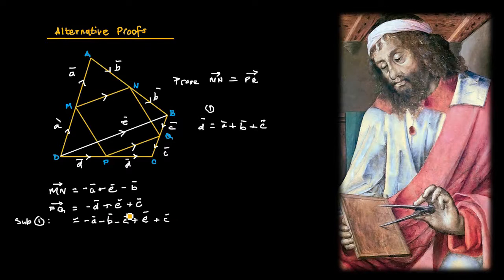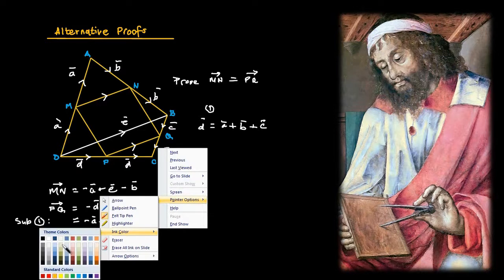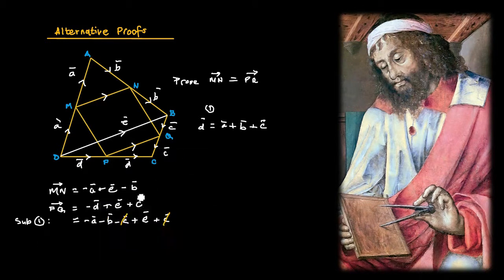So minus C plus C. And hopefully you can now see that we've proved, in a slightly different way, our theorem. So MN equals minus A plus E minus B, and PQ also now equals minus A plus E, so just commuting this, changing the order, plus E, and then minus B.